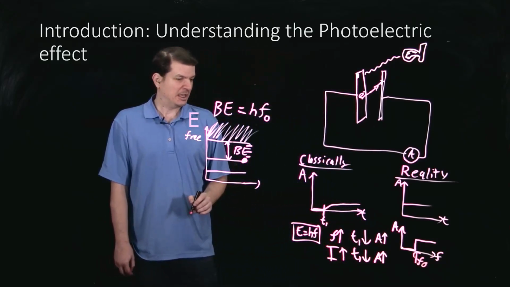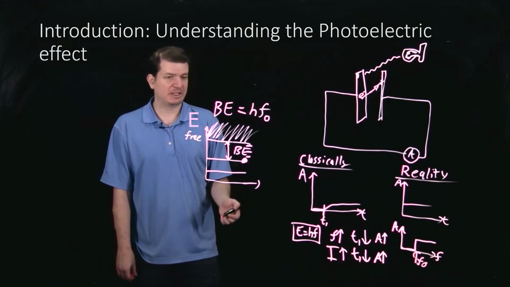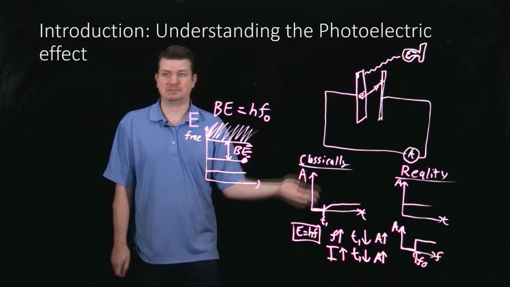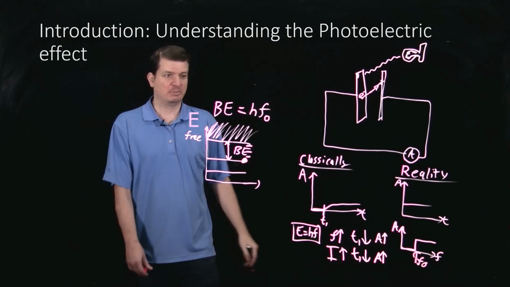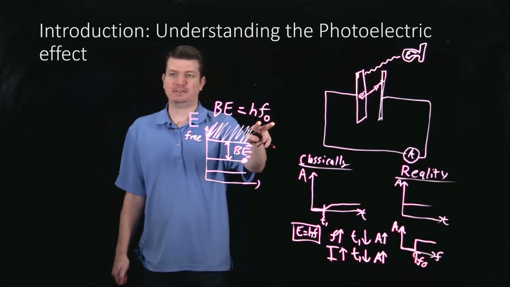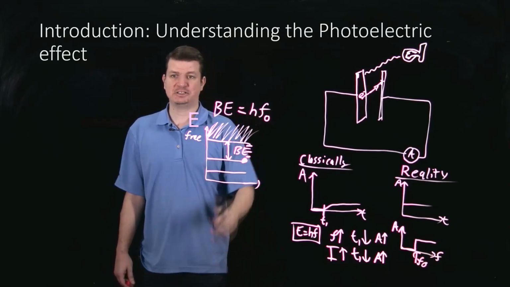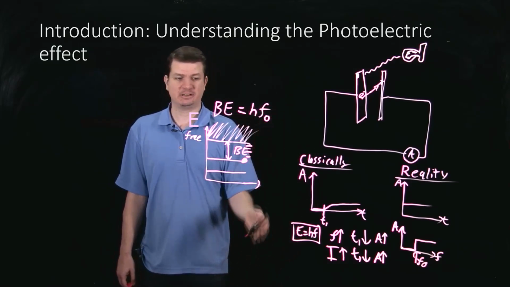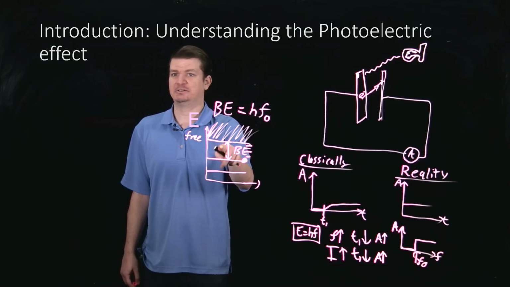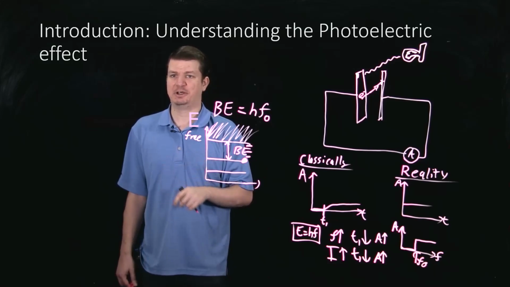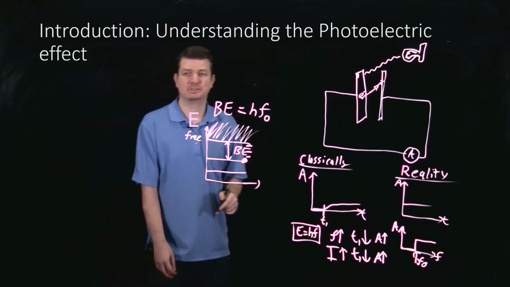Okay. And then it also explains why it's either you had current or you didn't have current. Because if f is less than f0, then you're looking at a case where the binding energy is greater than the energy you're putting in. So you're talking about trying to get here somewhere in this diagram. The electron can't do it. It ignores those photons.